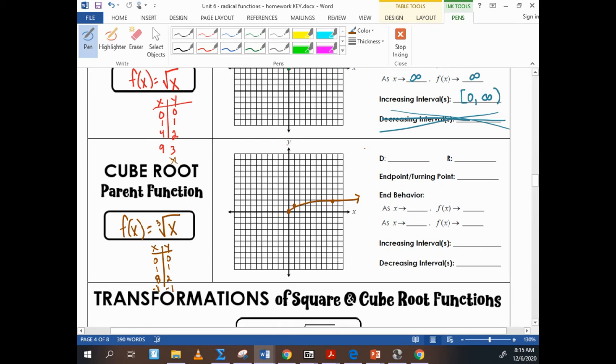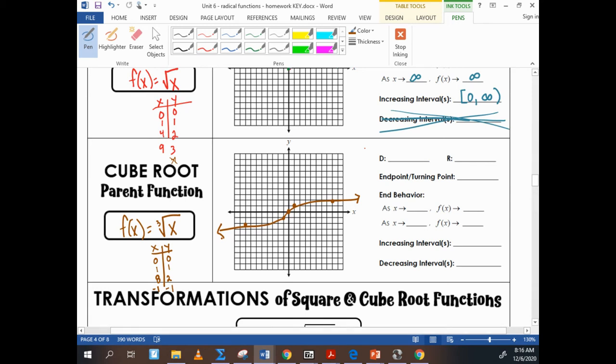So that means when my x is negative 1, my y is negative 1. And these are all just going to be negative numbers. So I can also cube negative 2, and it will give me a negative 8, which means when my x is negative 8, my y is negative 2 right here. So this picture actually keeps going both ways. Okay, so that's a nice, pretty picture of this.